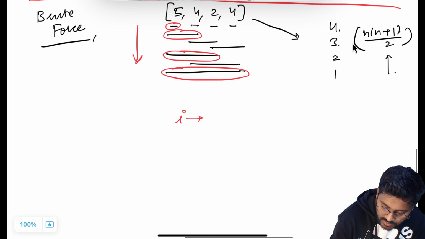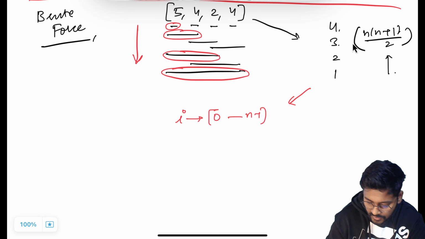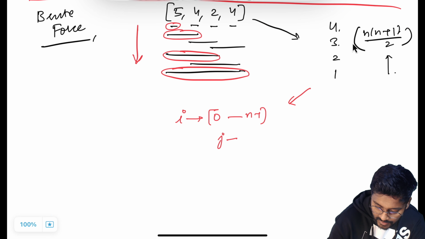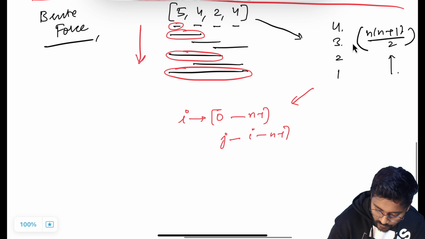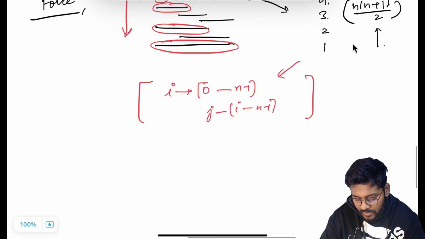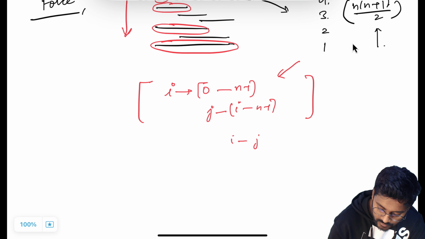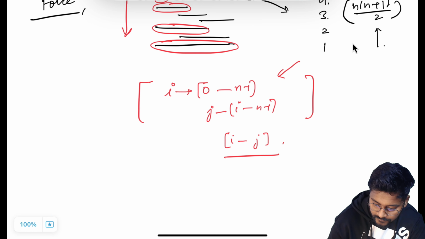So I will loop from index 0 to n minus 1. If my subarray starts at this index i and ends at index j, then j will go from i to n minus 1. So this nested loop structure is going to give me all the subarrays from i to j, both inclusive.